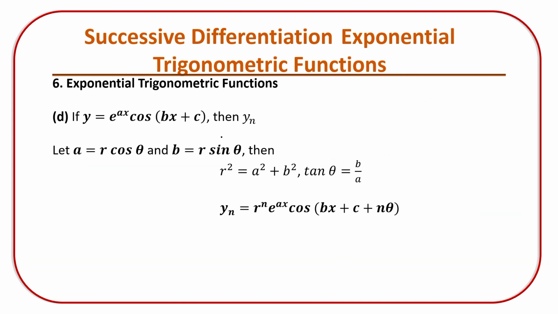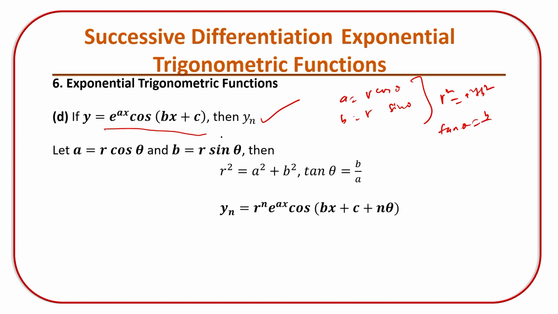Similarly, we can evaluate y equal to e power ax cos bx plus c and its nth derivative. So what will be the nth derivative? Using the same thing, introducing a equal to r cos theta and b equal to r sin theta. This will lead to r square equal to a square plus b square and tan theta equal to b by a.